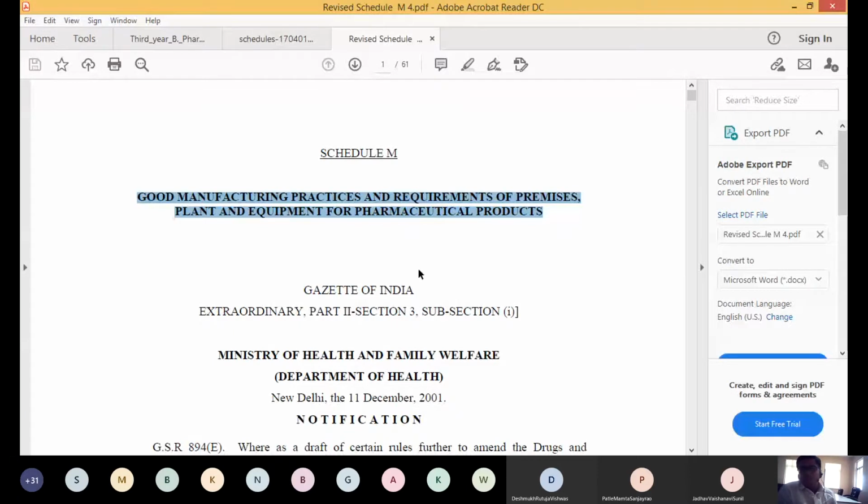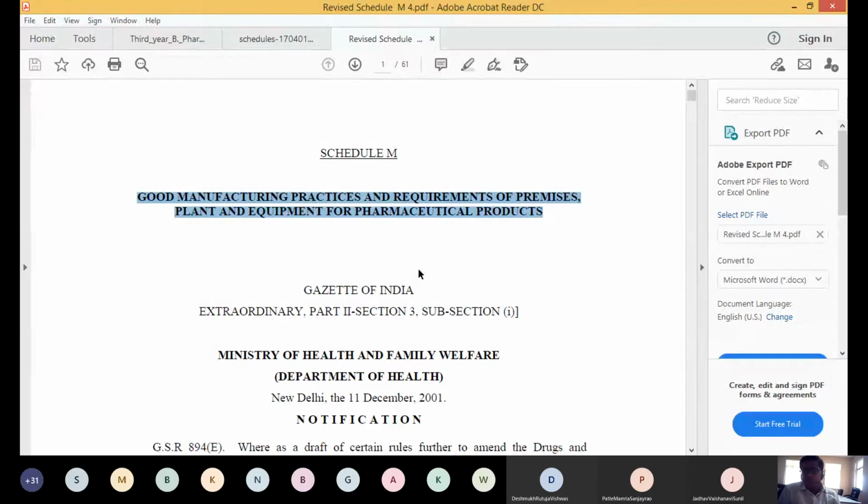Good manufacturing practices or current good manufacturing practices are worldwide guidelines, guidelines on how the factory premises should be set up. They are guidelines, but they have to be followed, because the Food and Drug Administration and other regulatory bodies are there.